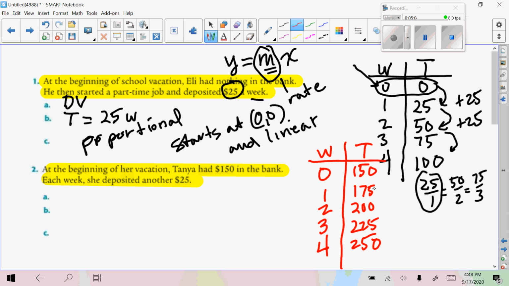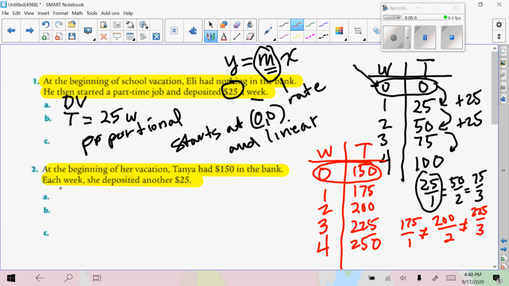Okay, and so first of all, we already know it's not a direct variation. Even though it's linear, it doesn't start at 0, 0. The numbers would not be proportional. 175 over 1 is not equal to 200 over 2. It's not equal to 225 over 3. You can see that.